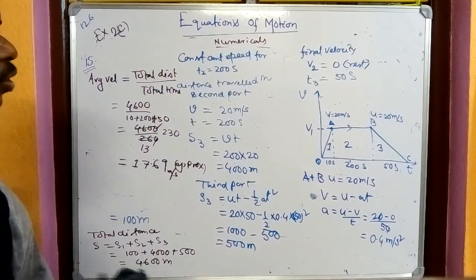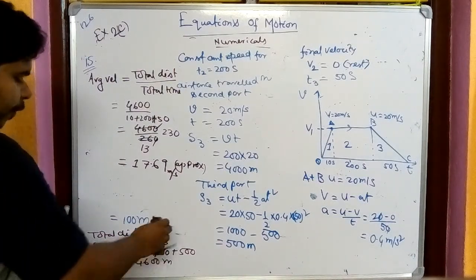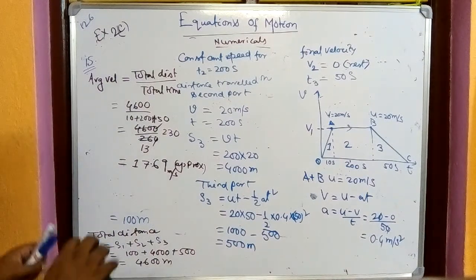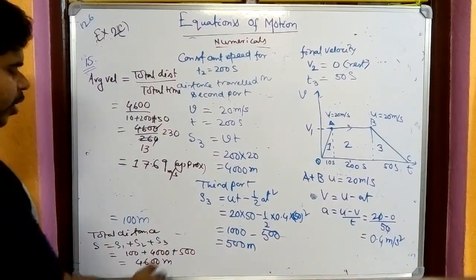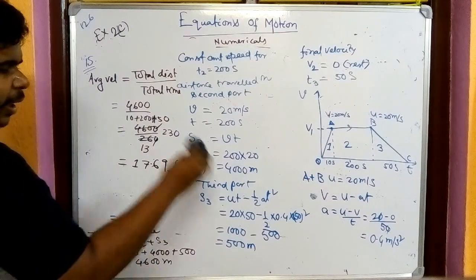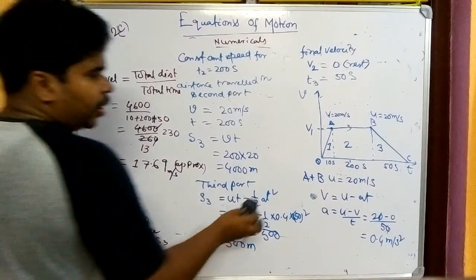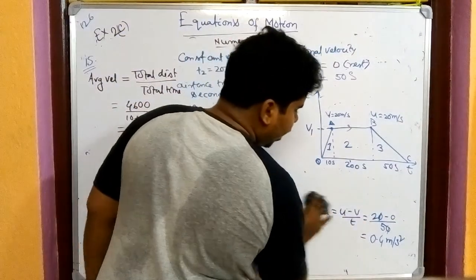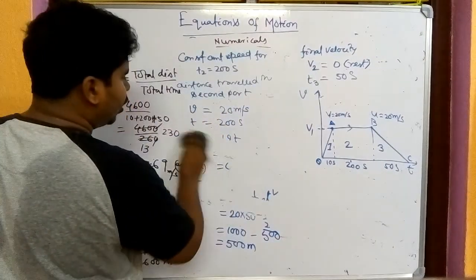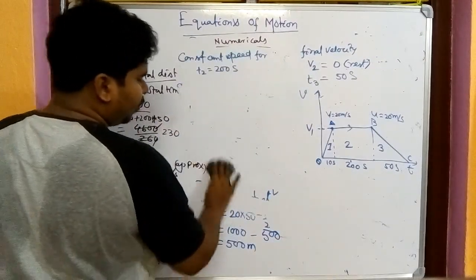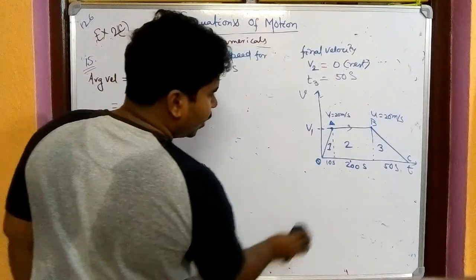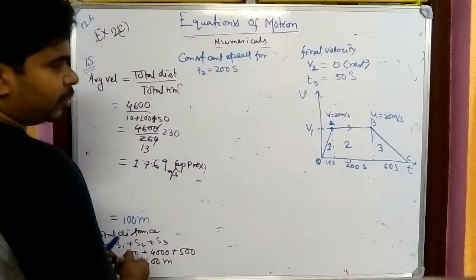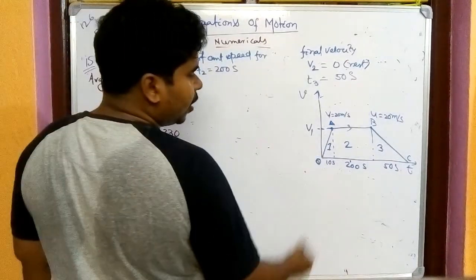Now I just want to show you one thing. I found the distance by the hard process of finding each displacement and adding them. If I find the area, I can also find the distance. If I find the area of this graph, it is a trapezium, you see.